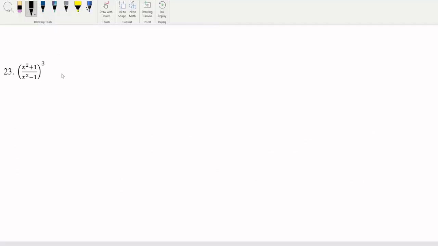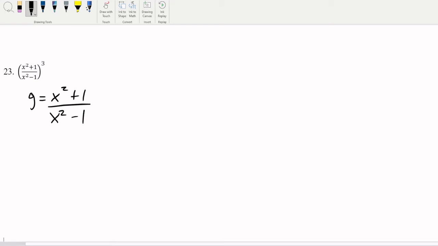Okay, so with this next example, we see again a composition, but also now a quotient in there. So immediately you see a division. I probably have to use quotient rule, but it's not just that. I've got this extra composition. So what do I see inside? Inside, I see x squared plus 1 over x squared minus 1.